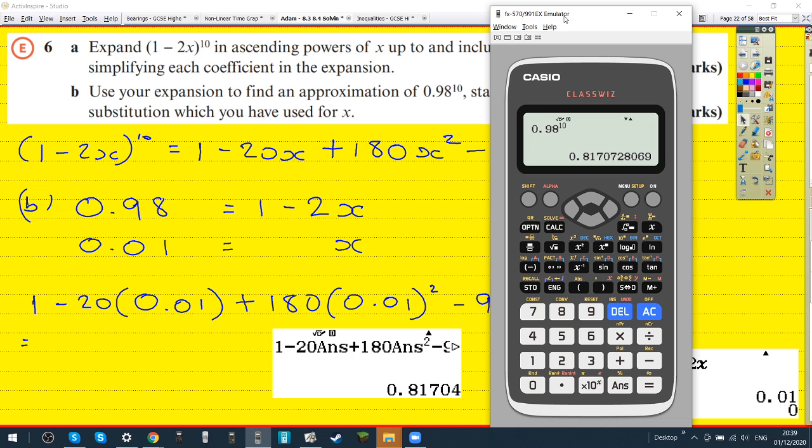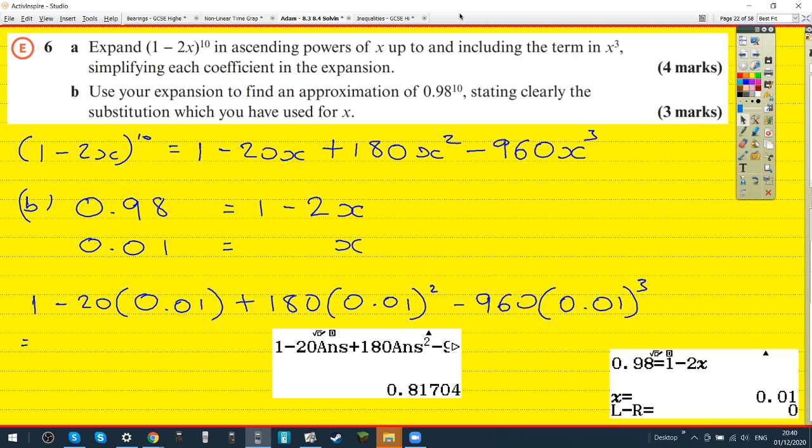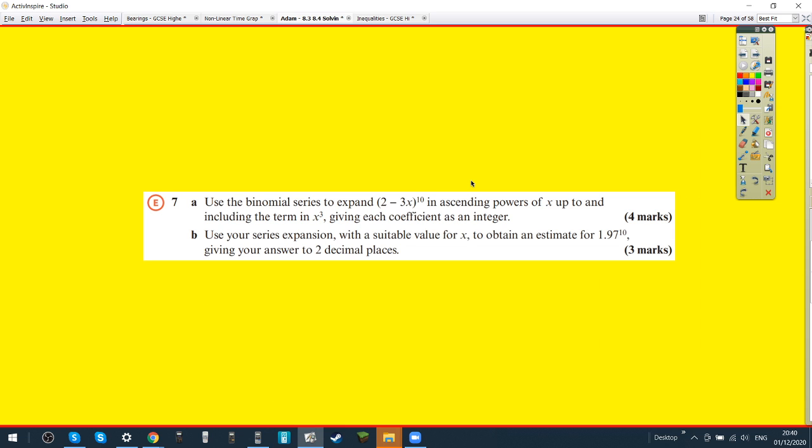Let me now do what you were talking about. If you put it into 1 minus 2 times 0.01 to the power of 10, you get the exact same thing. Yeah. So that's the perfect thing, because 1 minus 2 times 0.01 is 0.98. Yeah. Okay. Great.